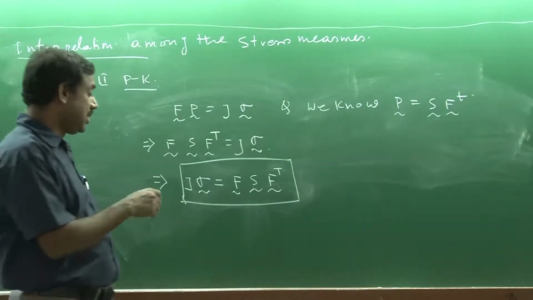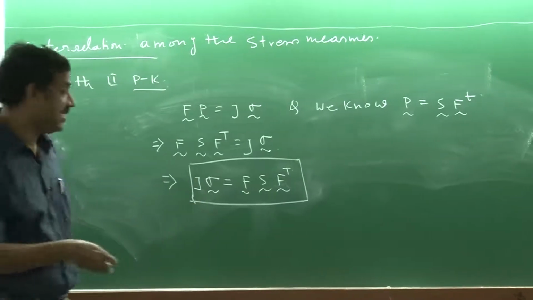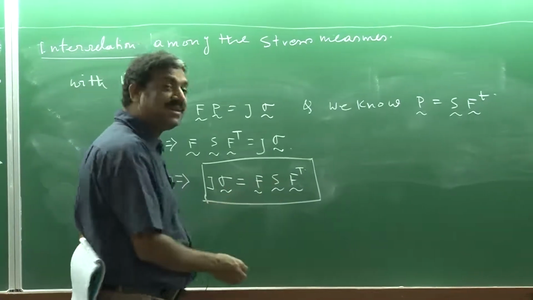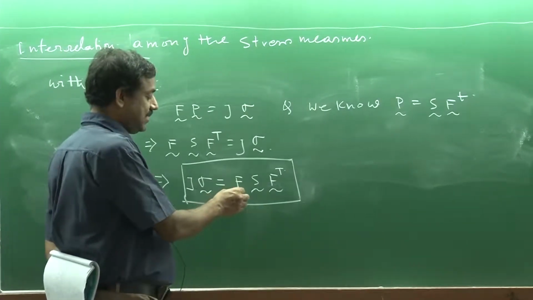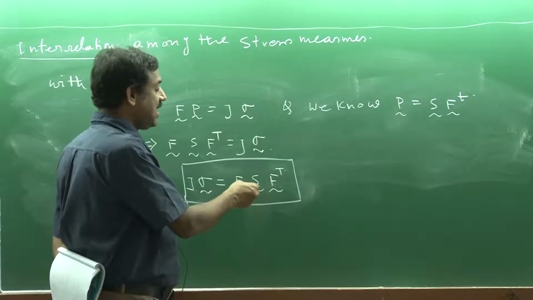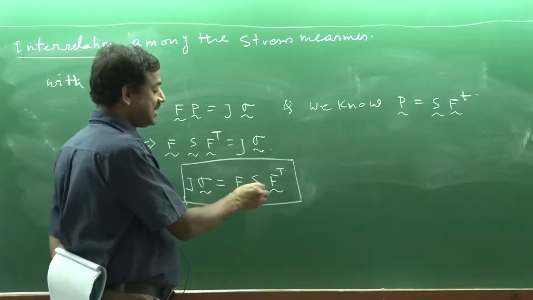One important thing can be recalled once again. The Cauchy stress tensor sigma is symmetric, and S is also symmetric, because when you do F S F transpose, ultimately this product must be symmetric, so S has to be symmetric.